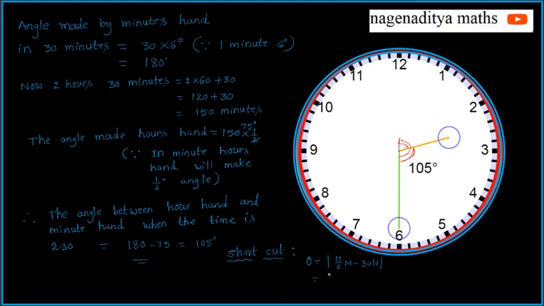So that is equal to 11 by 2 into 30 minus 30 into 2, which is 165 minus 60. So we will get 105 degrees.